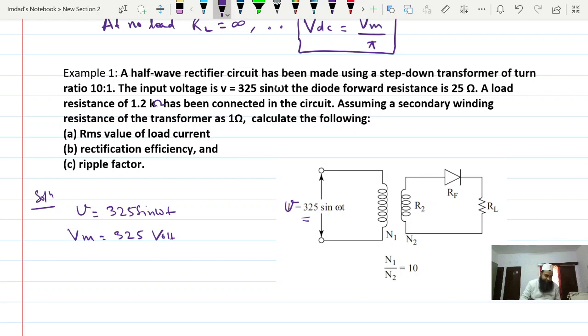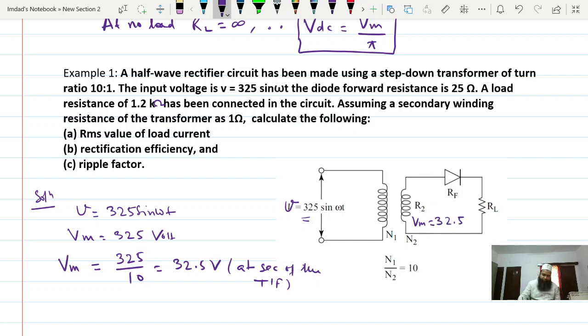Then at output of the secondary we have Vm equal to 325 by 10, 32.5 volt at secondary of the transformer.